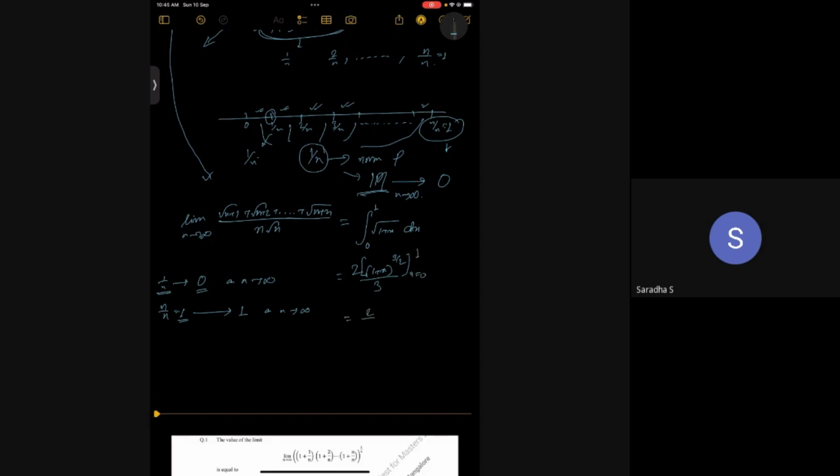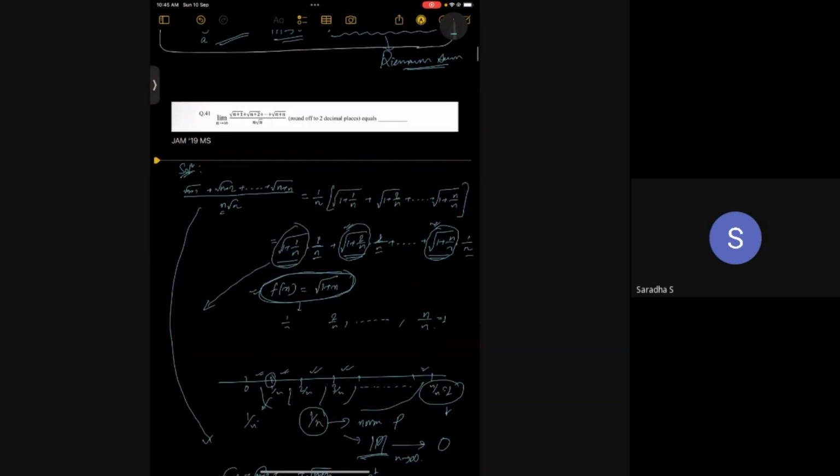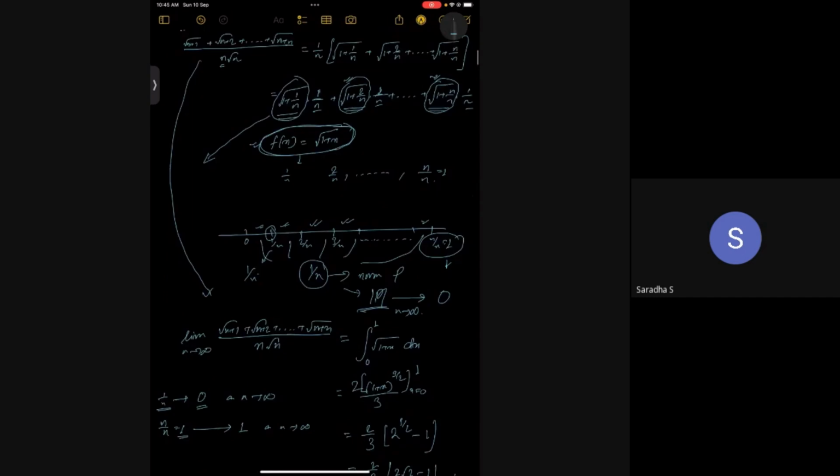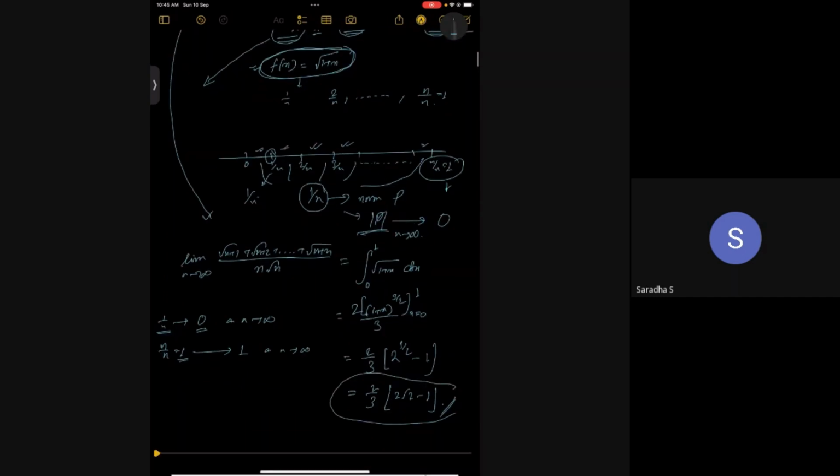So this will be 2 by 3 times (2 to the 3 by 2, minus 1). So it is nothing but 2 by 3 times (square root of 8, minus 1). That is your answer. Maybe they ask us to round off the answer to 2 decimal places. That you can do easily, since you will be given an on-screen calculator in the exam.